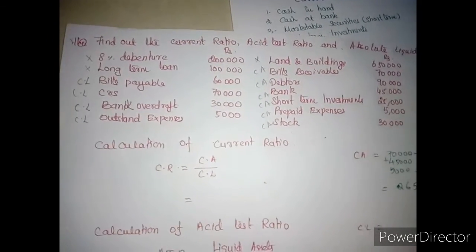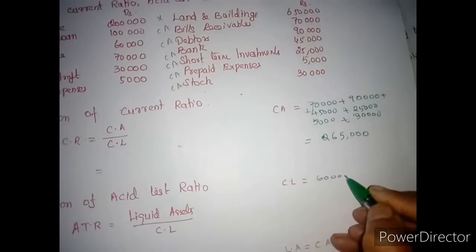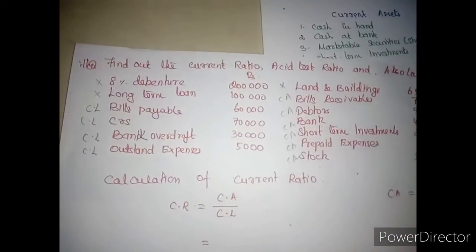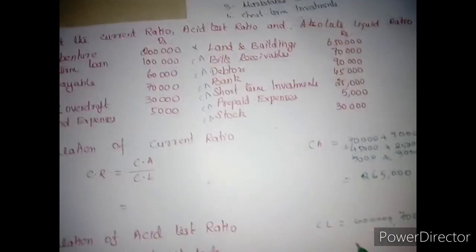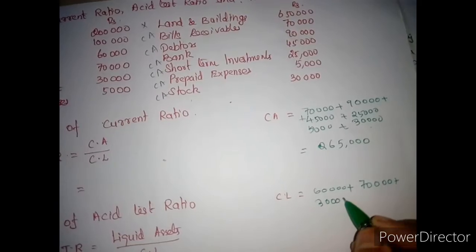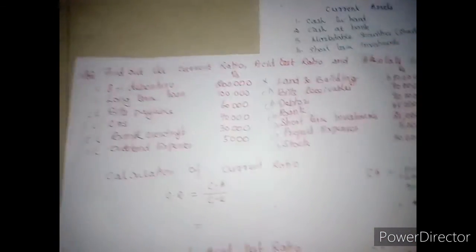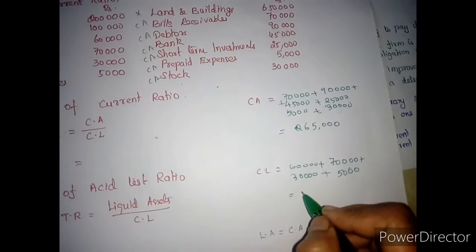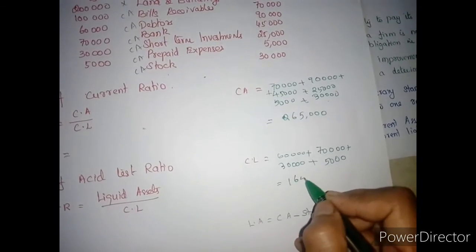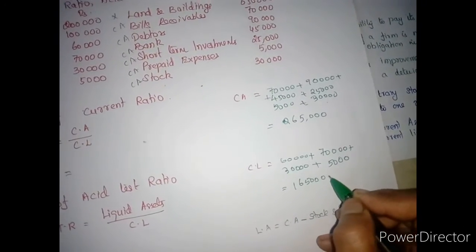Bills payable 60,000, creditors 70,000, bank overdraft 30,000, outstanding 5,000. So the total of liabilities is 1,65,000.